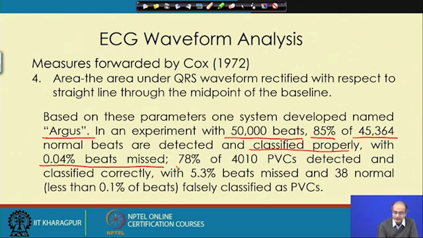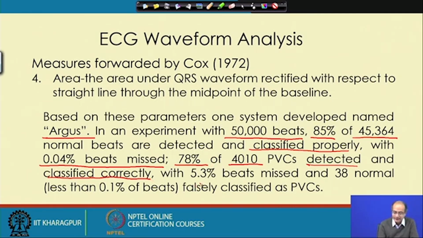Next, we look at the PVCs: of 4010 PVCs, 78% are detected and classified properly.